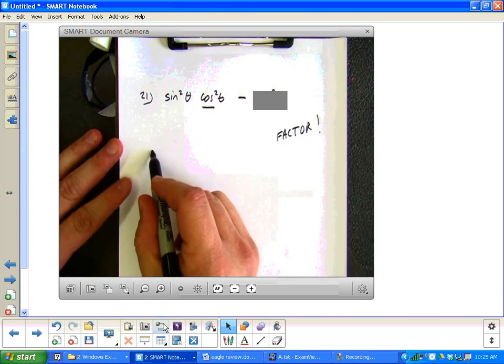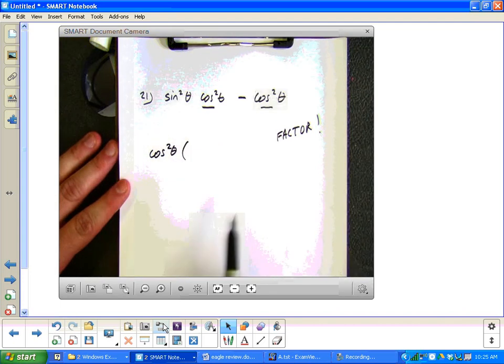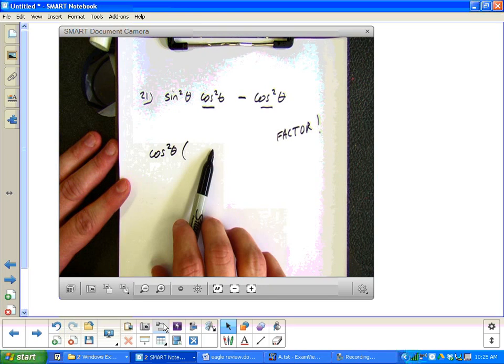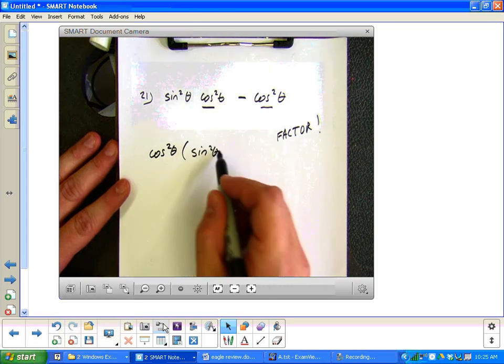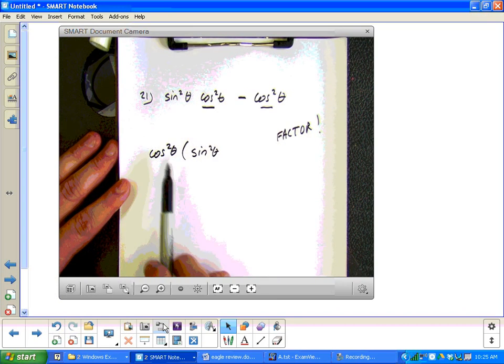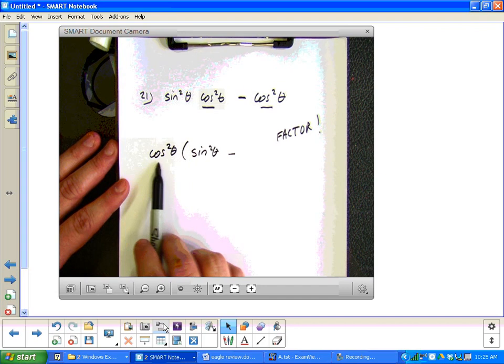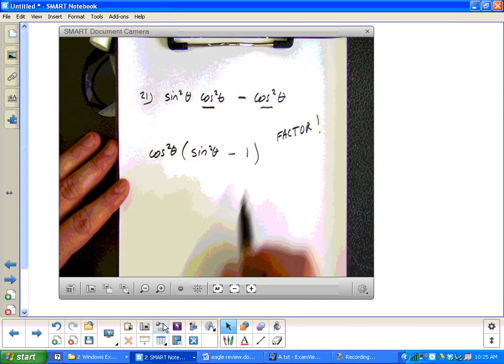Okay. So if I factor out a cosine squared, okay. So let's think, cosine squared times what would give me this back? Times sine squared. Okay. Cosine squared times sine squared would be sine squared times cosine squared. Now, minus. Now, cosine squared times what? 1. All right, now you see your Pythagorean identity there.